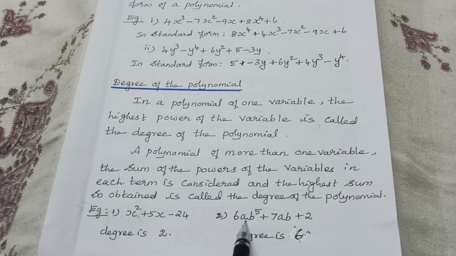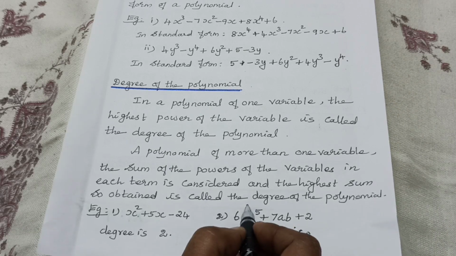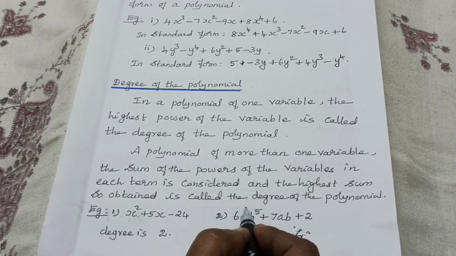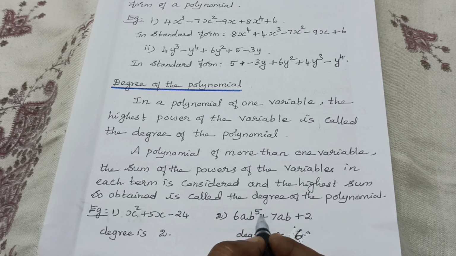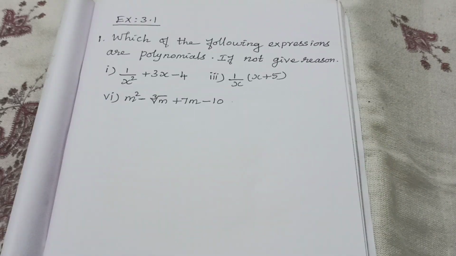So we have to add the powers. a power 1, b power 5, isn't it? 1 plus 5 is 6. Then the next term also we have to check. Here a power 1, b power 1, then 1 plus 1 is 2, isn't it? Which is greater? This 6 is greater. So the degree of the polynomial is 6. Have you understood that?